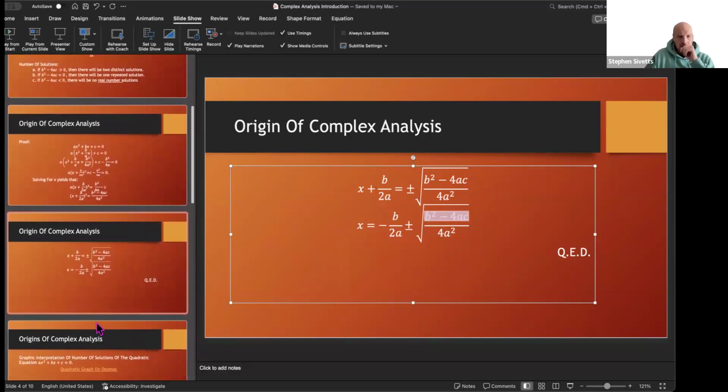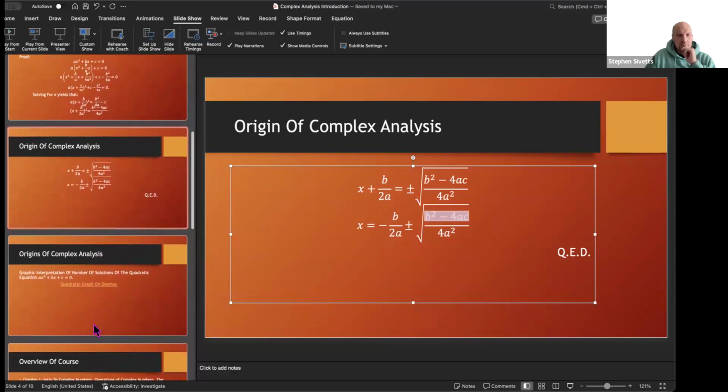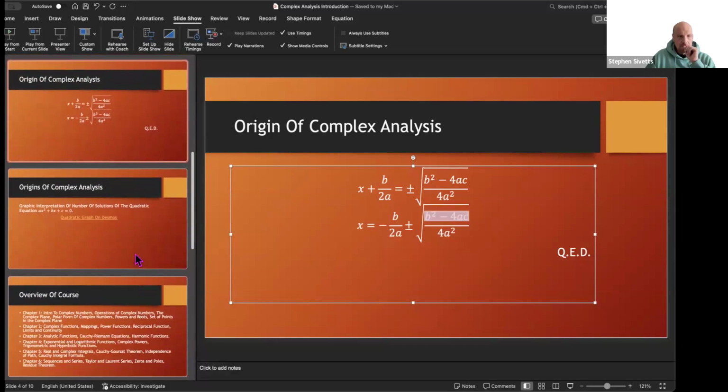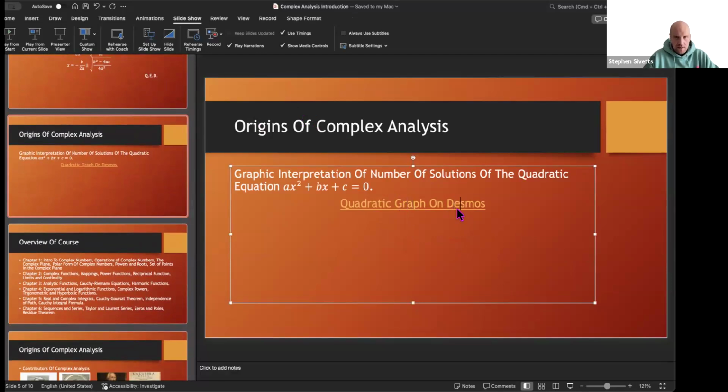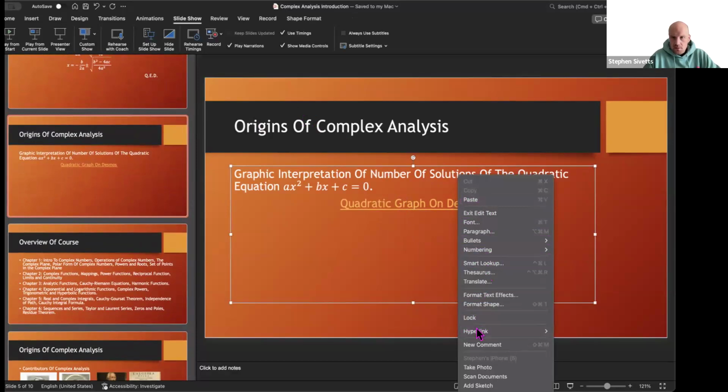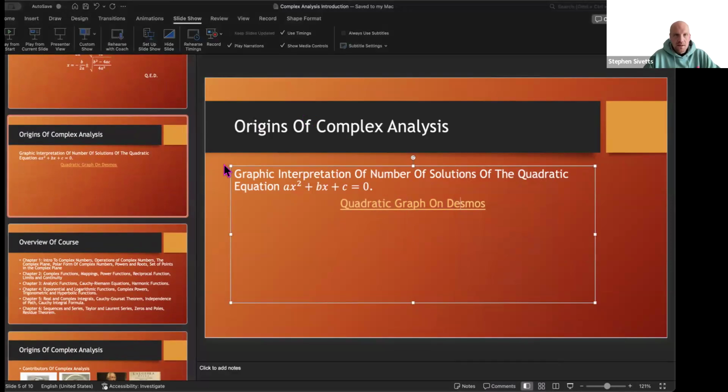Just for fun, I'll go over this one. We can look at how the solutions look graphically. So let's see if I can go to this link here.